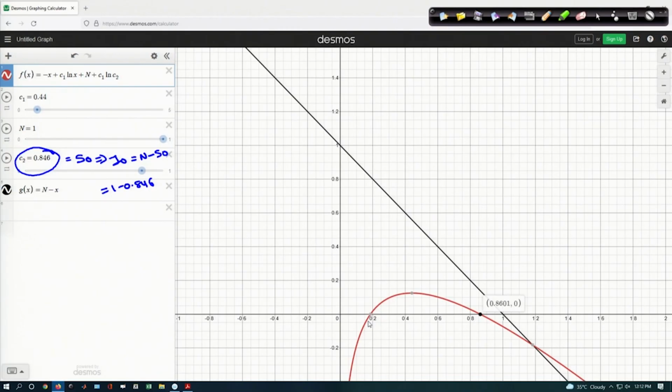So, now what you have to see is how the pandemic evolves with time. So, when I set C1 as 0.44 and C2 as 0.846, you are evolving in time. So, let me draw this. You are evolving in time, okay, and you are coming here.